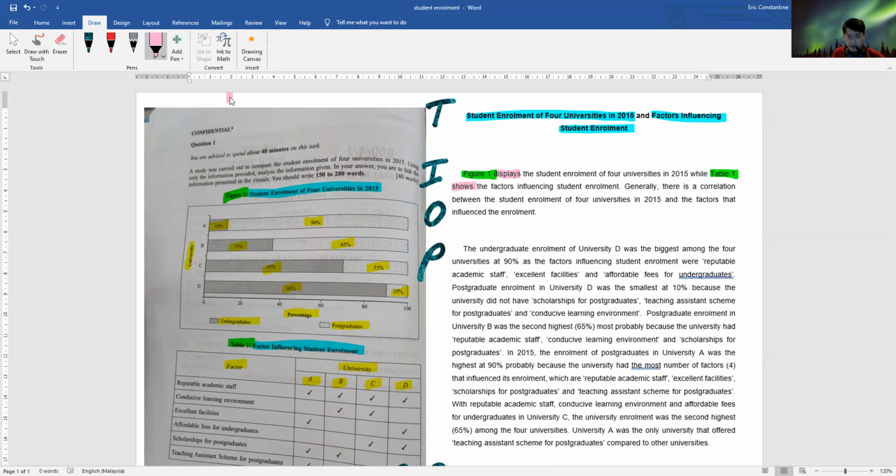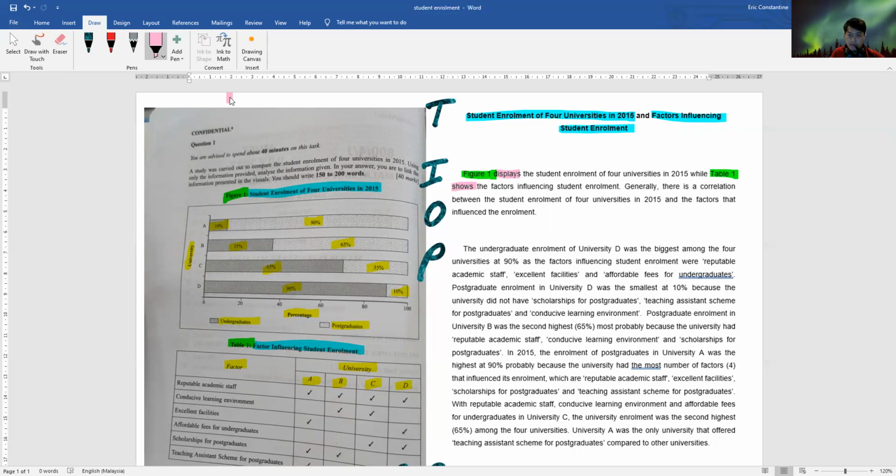I always remind the students to try not to repeat the same word. For example, figure 1 displays, and after that you mention display again. If you look at the textbook, there are many ways on how to introduce the report. So for figure 1 displays, table 1 shows. So try to use the textbook as your reference.